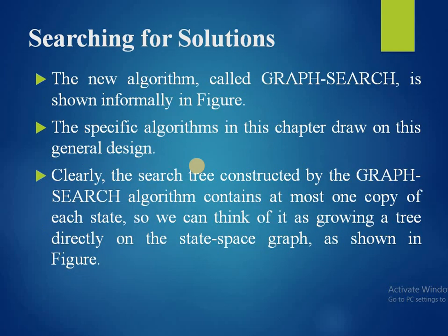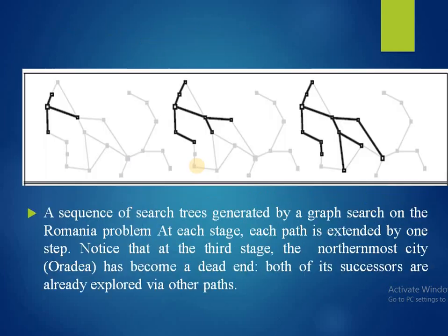The new algorithm, called graph search, is shown informally in the previous figure. The specific algorithms in this chapter draw on this general design. Clearly, the search tree constructed by the graph search algorithm contains at most one copy of each state, so we can think of it as growing a tree directly on the state space graph, as shown in the figure.